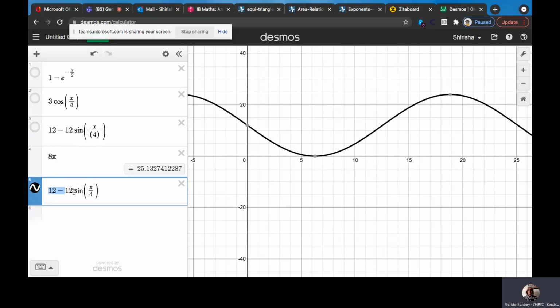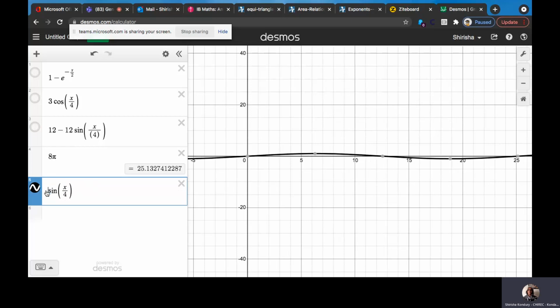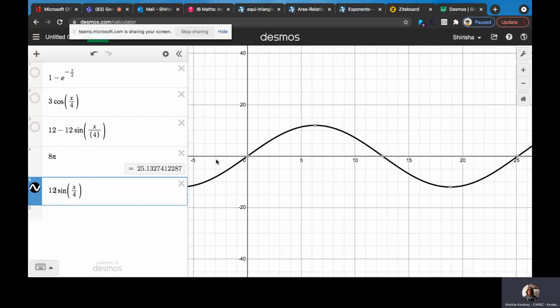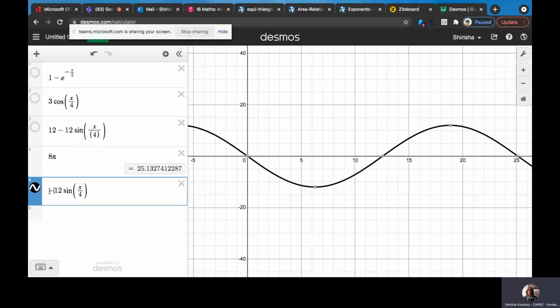So graphing one by one, you will be able to realize. If it's only sine x by 4, at 8 pi, it is meeting the x-axis again. Now we are doing it 12 times. So again, these are our x-intercepts between 0 to 8 pi. And now when I put the negative sign, again, the intercepts remain the same.